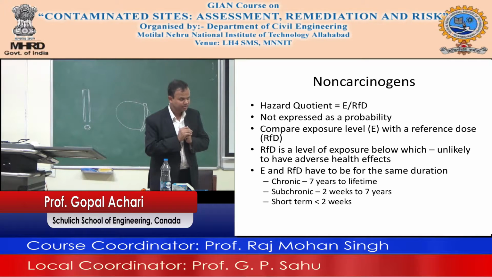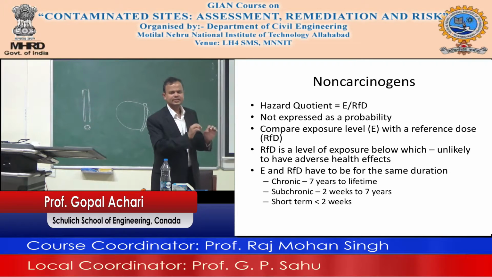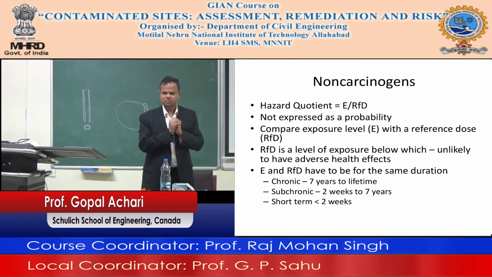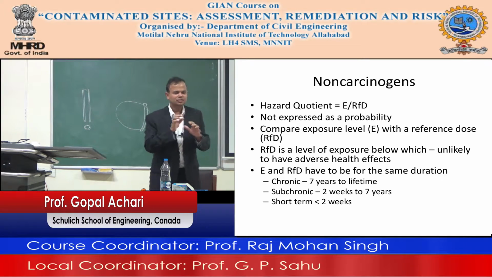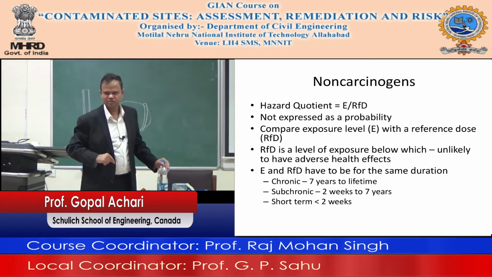a hazard quotient. If that hazard quotient is less than 0.2, that means you are at 20% of the reference dose. You can consider that the risk is negligible. With me? What happens if the exposure is at the reference dose?